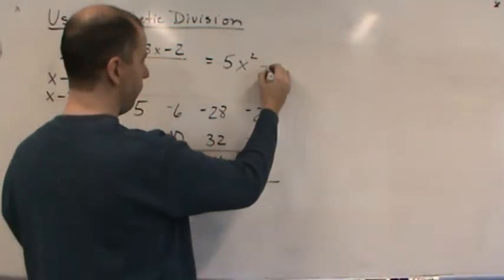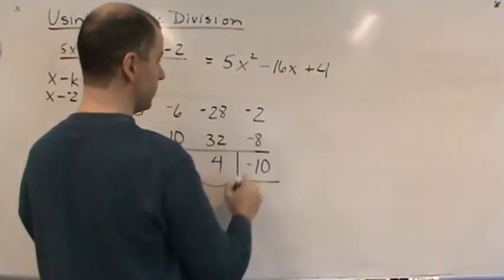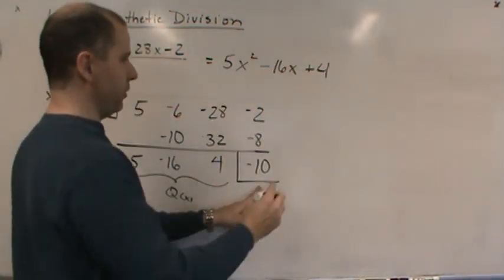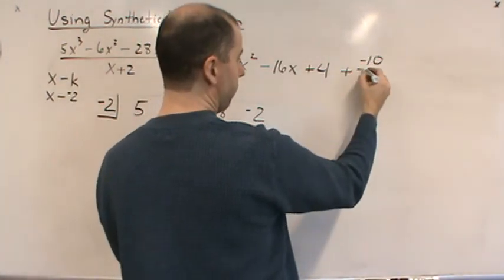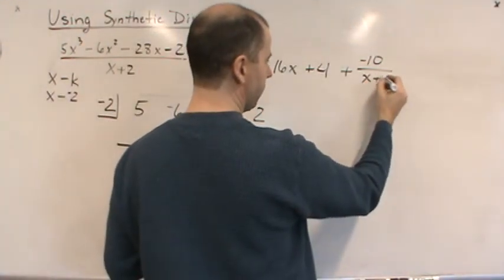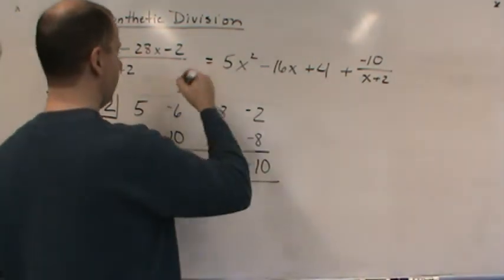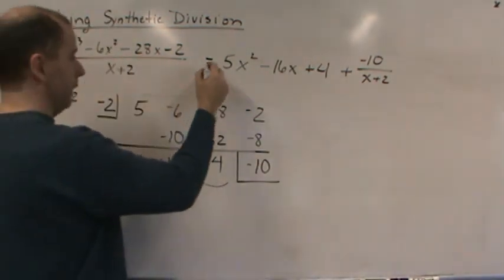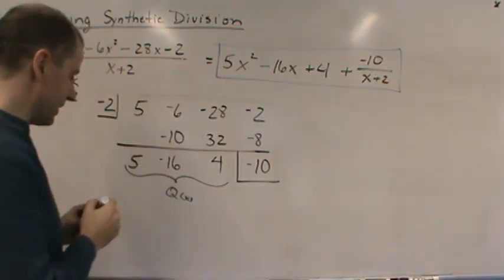So 5x squared minus 16x plus 4, that's the quotient. Now I'm going to add my remainder, which is negative 10 divided by the divisor, x plus 2. So I'm going to put x plus 2 here, and I'm done. My final answer for this division problem is this. And that's it. I'm done.